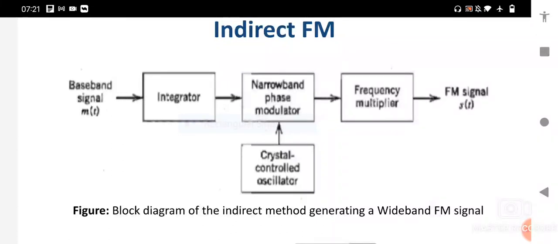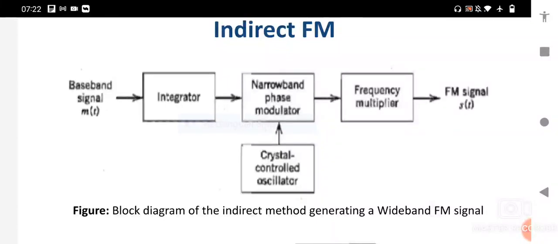This is the resultant phase modulator output, and we will call this equation 1. In this equation, f1 represents the frequency of the crystal controlled oscillator, and kf is a constant value.